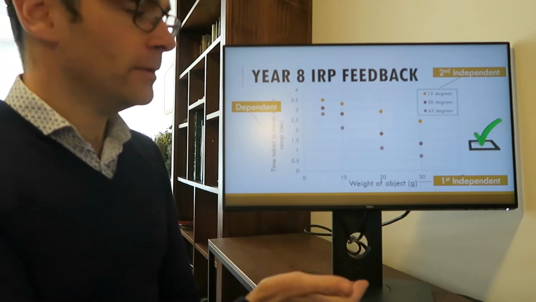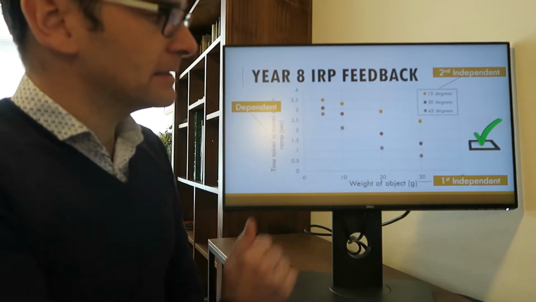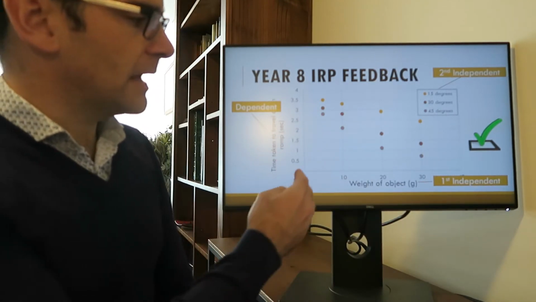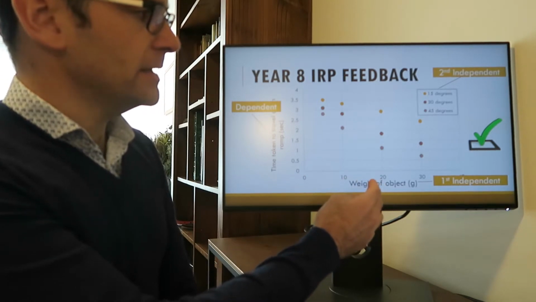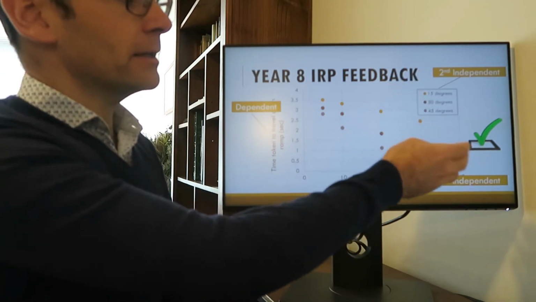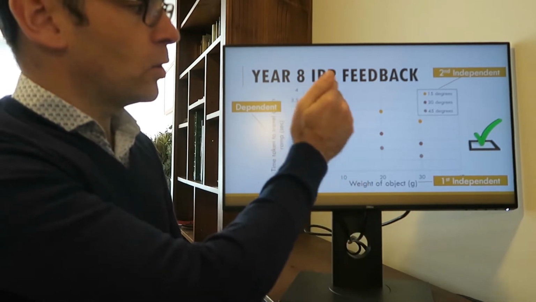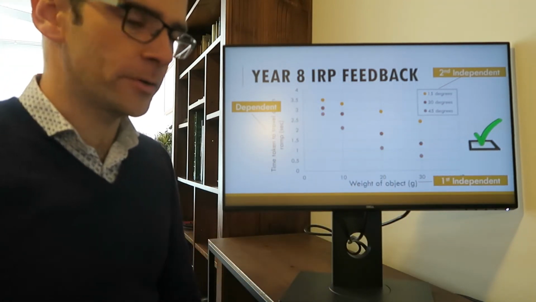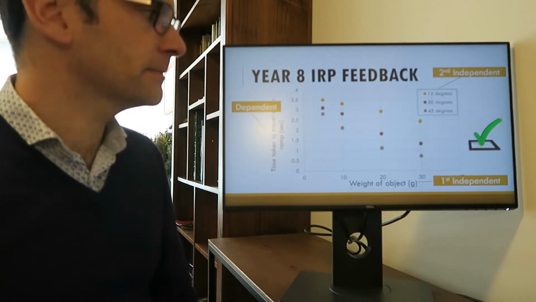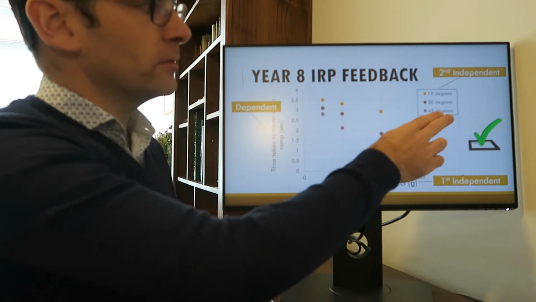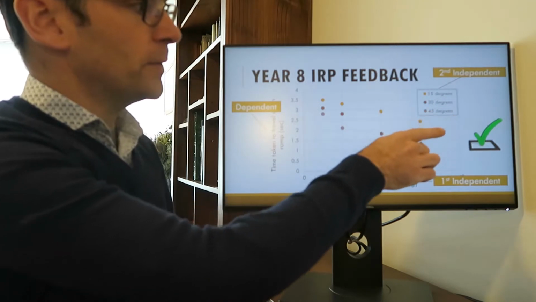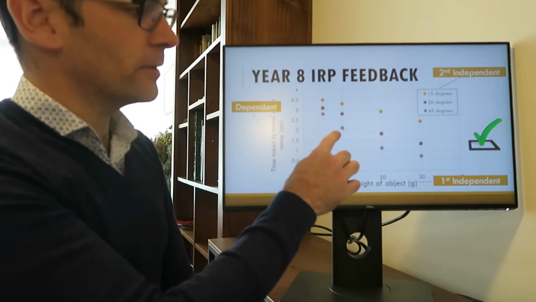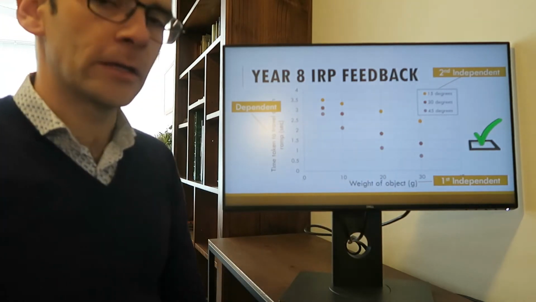Now, having said all that, we can easily see the trends or the patterns in the results, where we can see that as the weight of an object increased, regardless of the slope, they all seem to decline in the time it takes for them to reach the bottom, which makes sense. Likewise, if we looked at the different slopes, we can see that as slope increases, the time it takes for that object to move down to the bottom also decreases.